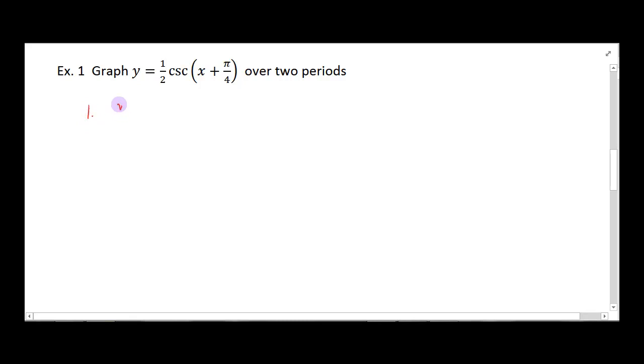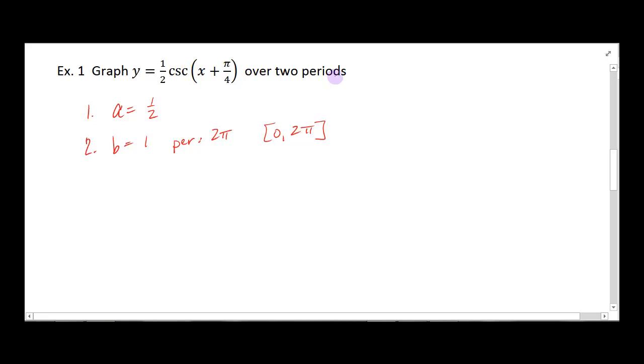Since this value here is being multiplied to the function, A in this case is 1/2. B in this particular function is 1, and therefore the period, which is 2 pi over B, would just be 2 pi. So I know I'm going to have an interval between 0 and 2 pi, and ultimately I want to graph this over 2 periods.